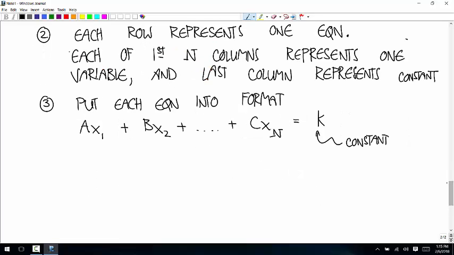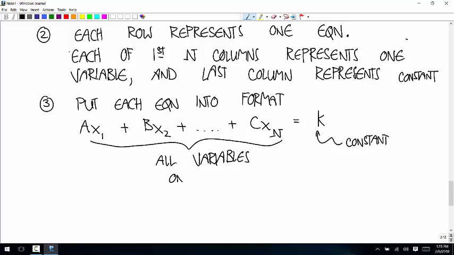So the key thing with this format is all your variables are on the left, and your constant is on the right.